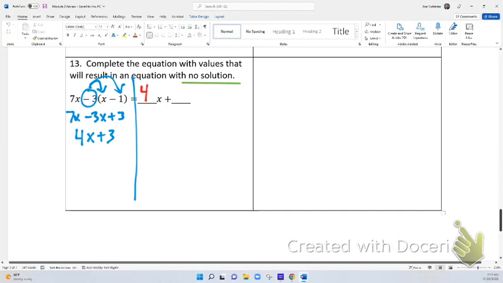It still has to be a 4x. But when it's no solution, the constant can be any number you want other than the number 3. So my favorite number is a 10. You can literally put anything you want in this second box or the second value. So it could be 7, it could be 83, it could be negative 9,000. Okay? So good luck studying.